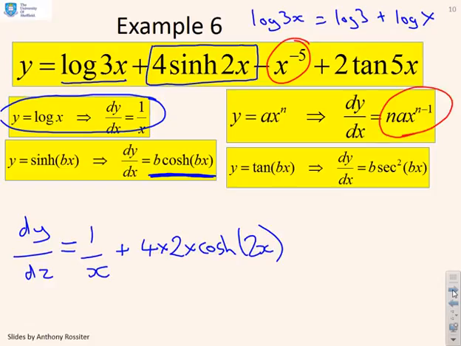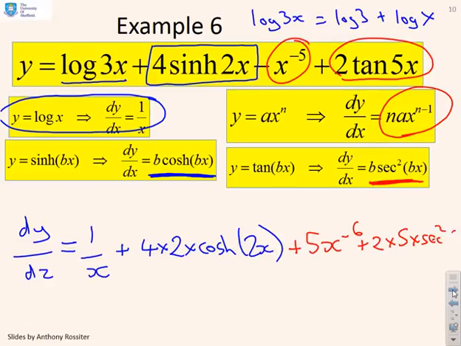So we're going to get a double minus because a is minus 1 and n is minus 5, so multiply those together and you'll get plus 5x to the minus 6. And then finally we look at the 2 tan 5x, and again you've got this formula here, so you're going to get plus 2 times 5 times sec squared of 5x.